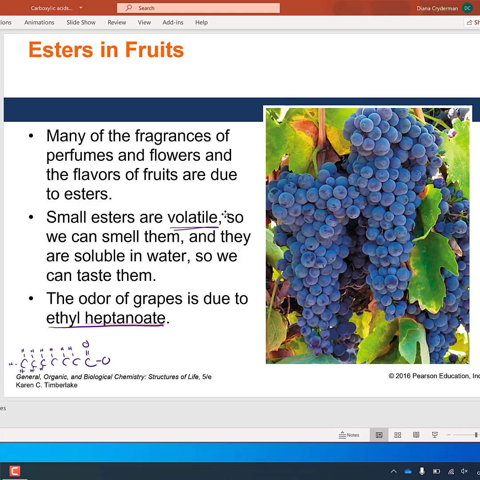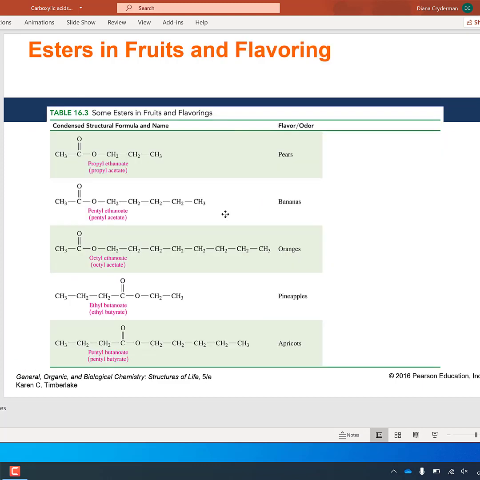And this is why line angle structure is, of course, much better. And then an ethyl, just two carbons. So that is the chemical structure for ethyl heptanoate, the scent and actual taste of grapes.